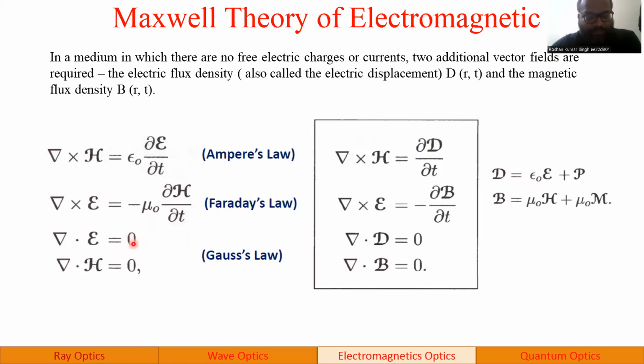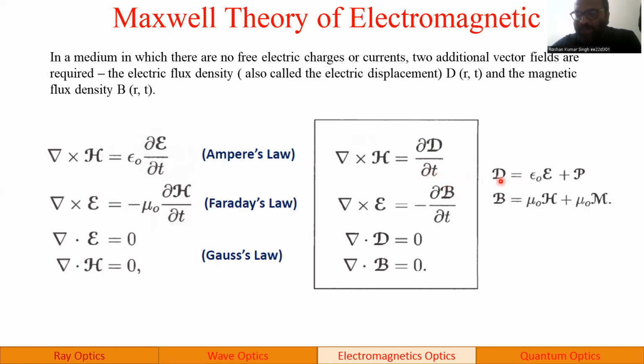Next is Gauss's law, which is the divergence of the electric and magnetic field. That's why it is zero. The equations on the right side are the Maxwell equations in a medium, in which there is no free charge. That's why there are displacement current and magnetic intensity.